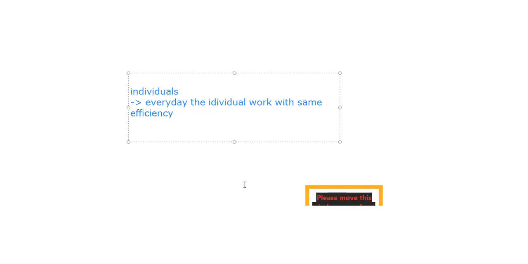Which means if a person A can complete a work in 10 days, every day he completes 10% of the work. Meaning 100% in 10 days, so in one day, 10% of the work.